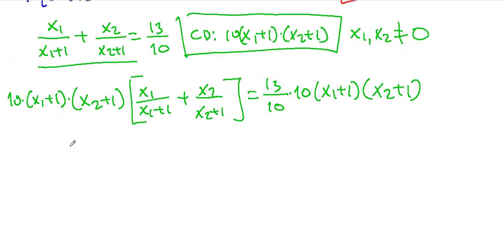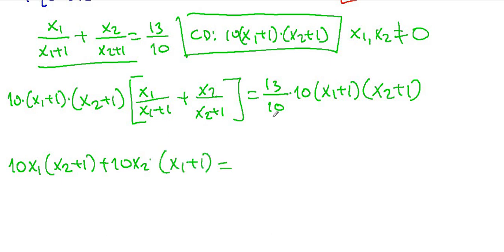So therefore expanding each side I will get 10 times x1 times x2 plus 1 and plus 10 times x2 times x1 plus 1 is equal to, here we see that 10 will be cancelled, and 13 times x1 plus 1 and times x2 plus 1.